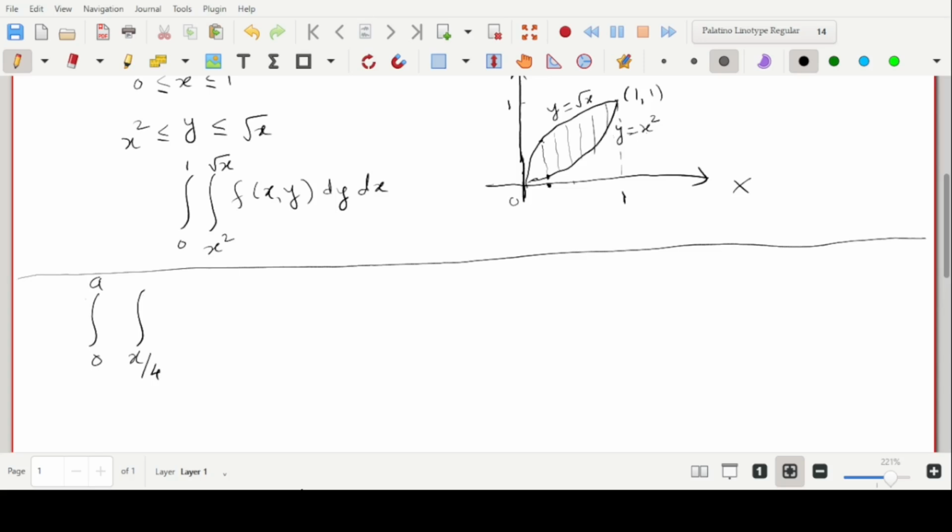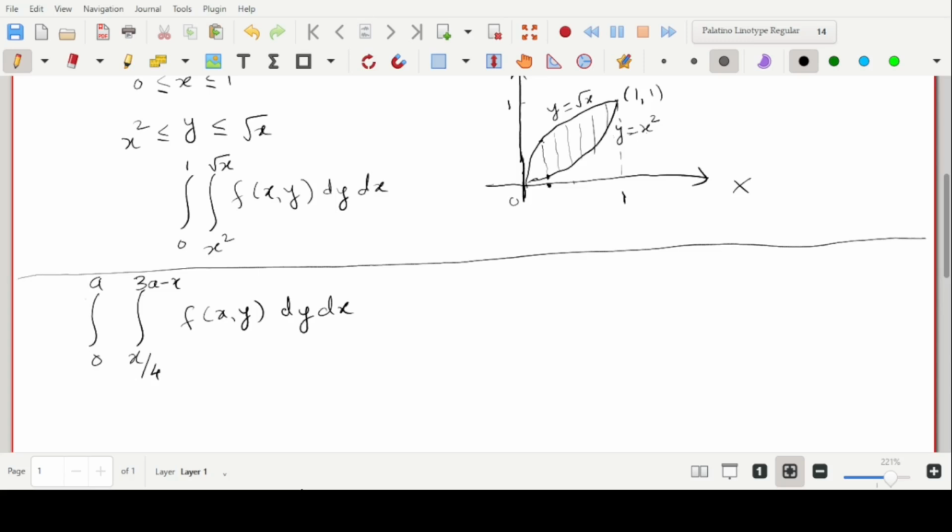Y varies from x over 4 to 3a minus x. This is our integral and we want to change the order of the integration.